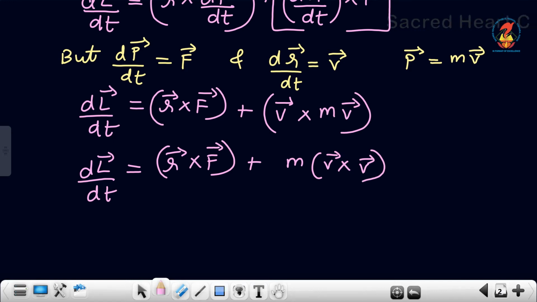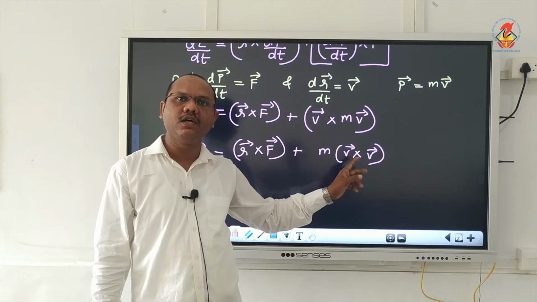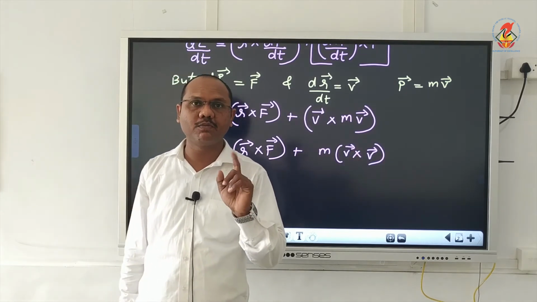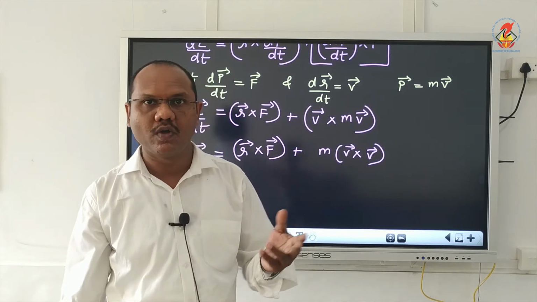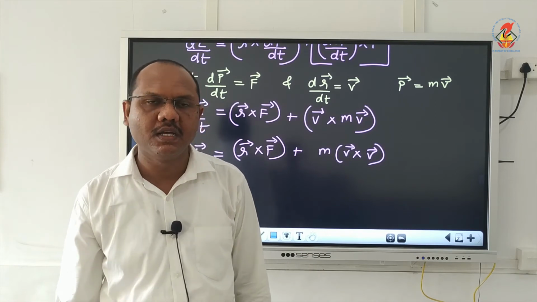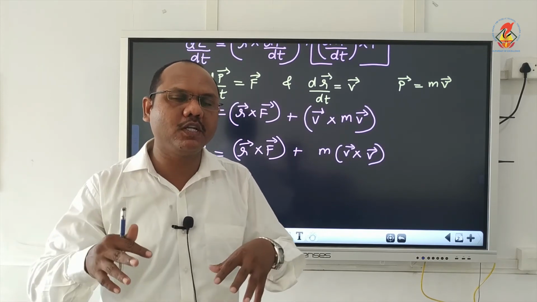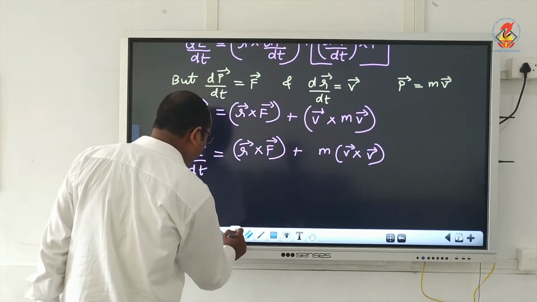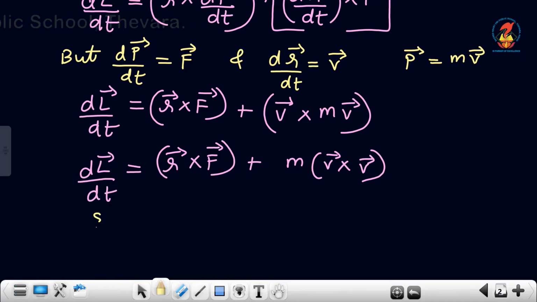We already studied any vector crossed by itself is 0. We studied in vector algebra, a cross a equal to 0, b cross b equal to 0, because both vectors will be parallel. So the cross product of a vector by itself is always 0. So since v cross v is equal to 0, and what is r cross F?